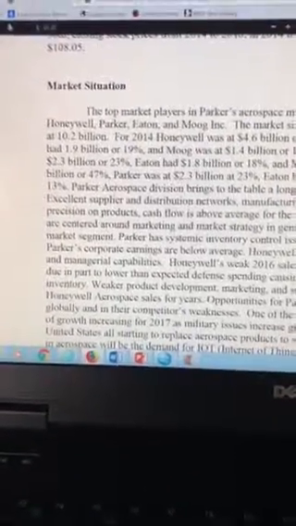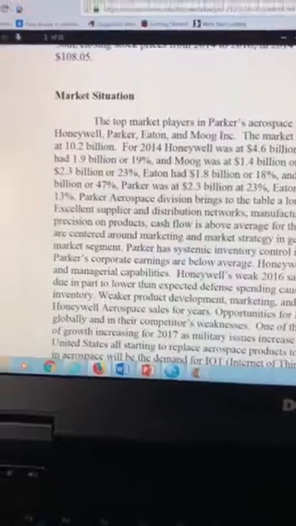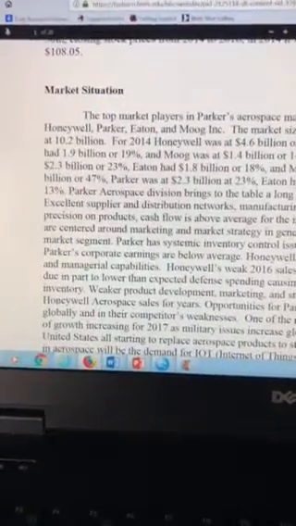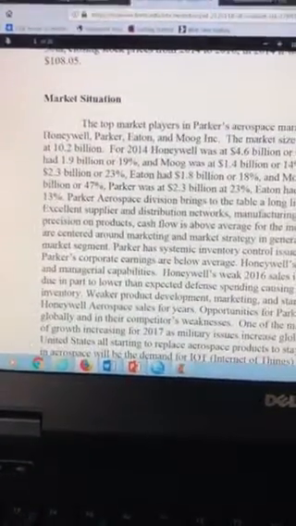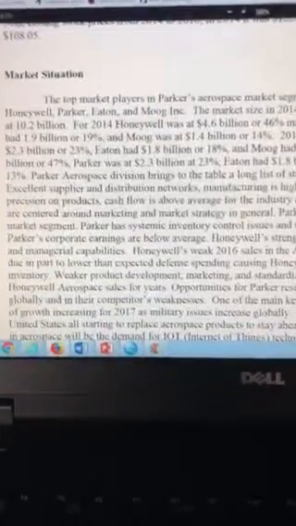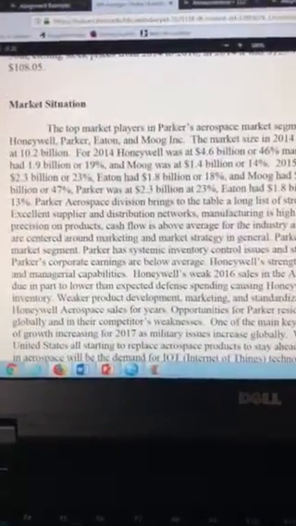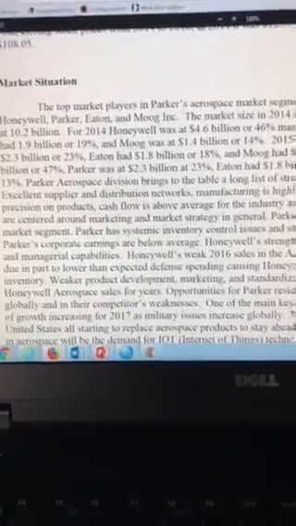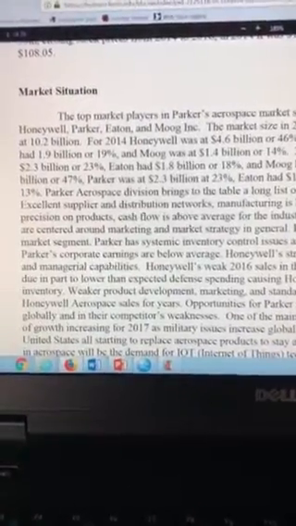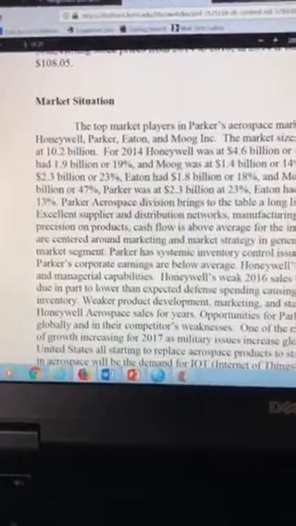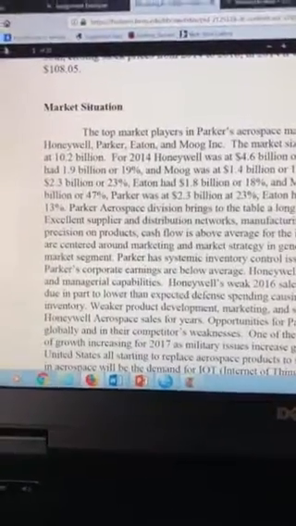Now, what we're talking about in that opening paragraph of the market situation is really basic. This is the market. This is the size of the market. The market has grown, has shrunk, has stayed the same for the last 3 years. And oh, by the way, here's evidence of that.